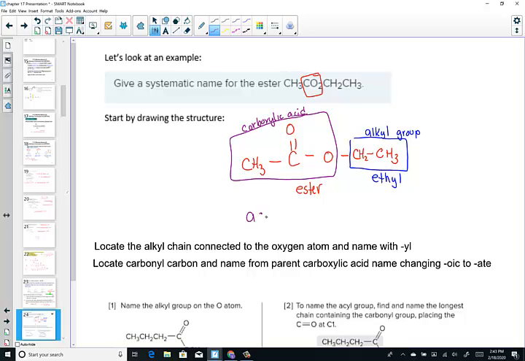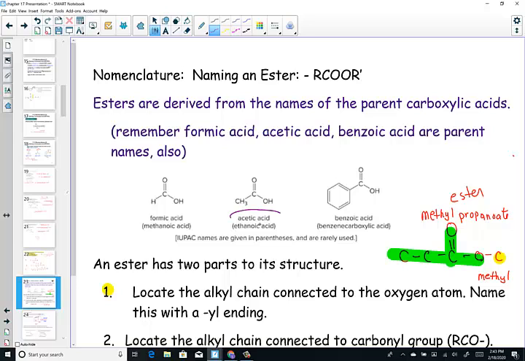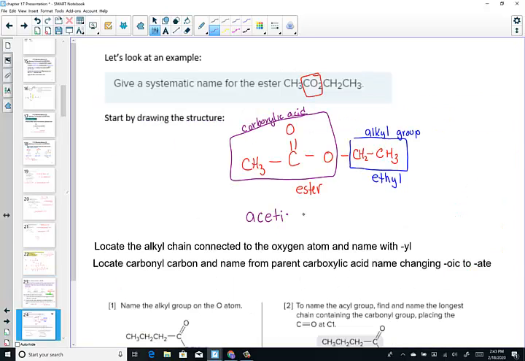It was called acetic. Let me go back and just show you where you wrote that. Acetic acid. Now remember the rules here. The IC turns to ATE. IC turns to ATE. And this becomes ethyl acetate.